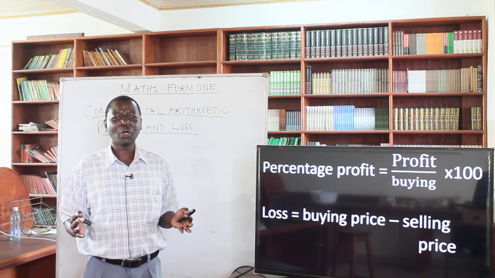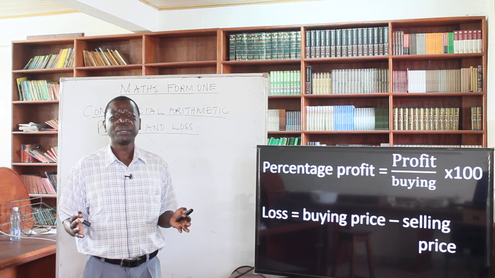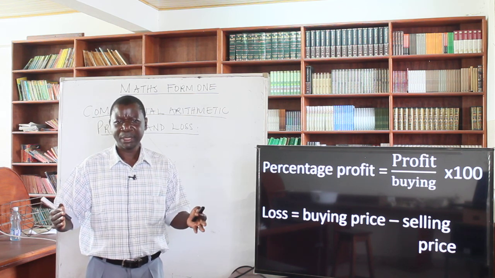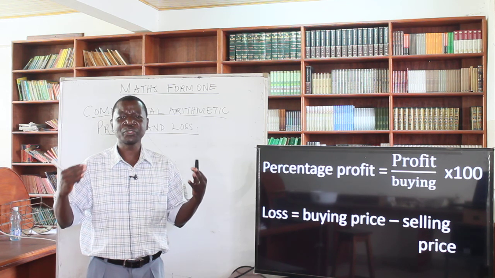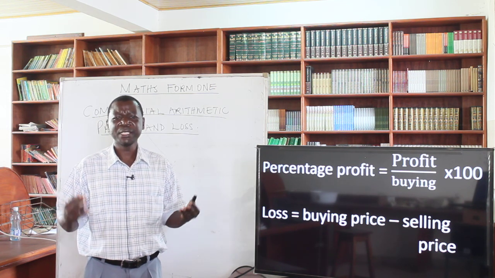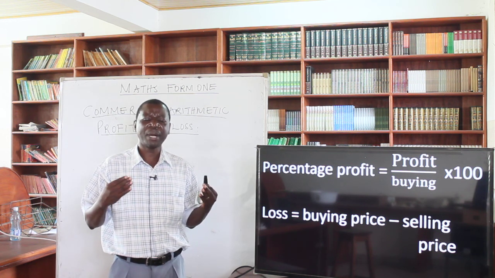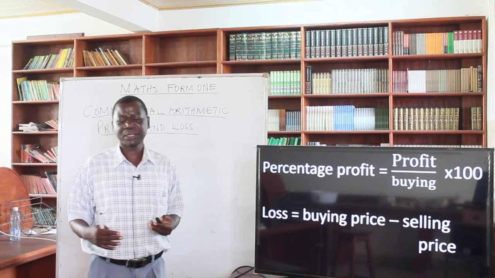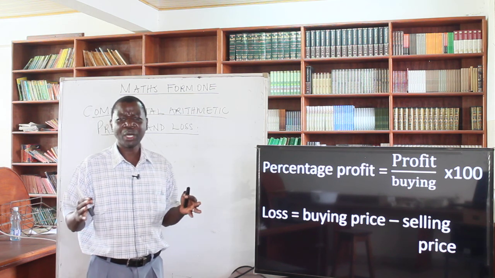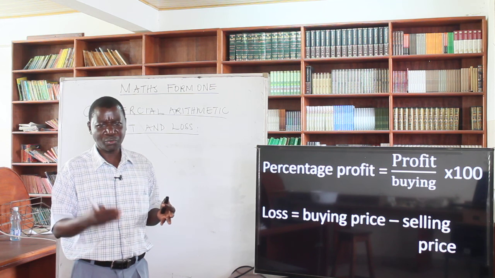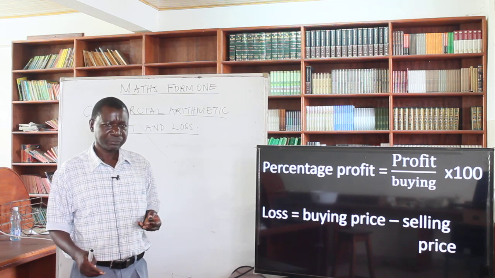When we talk about loss, it means that the amount we used to sell our product is less than the amount we used to buy it. So we get less than what we used to buy the product.